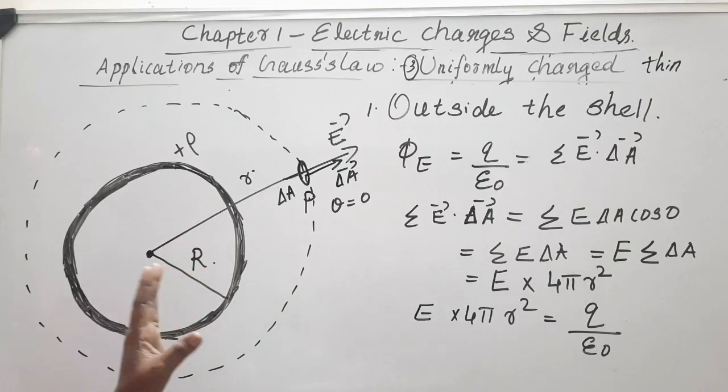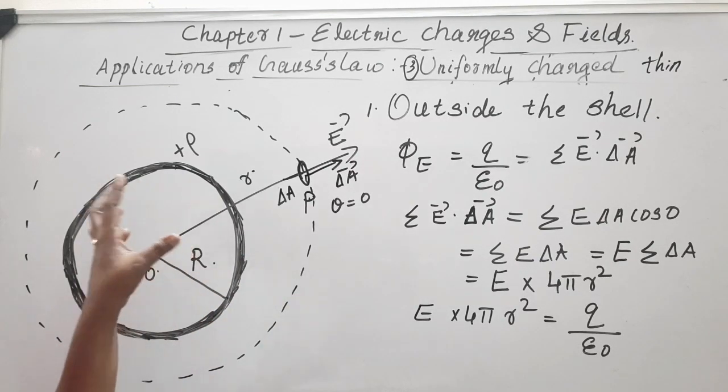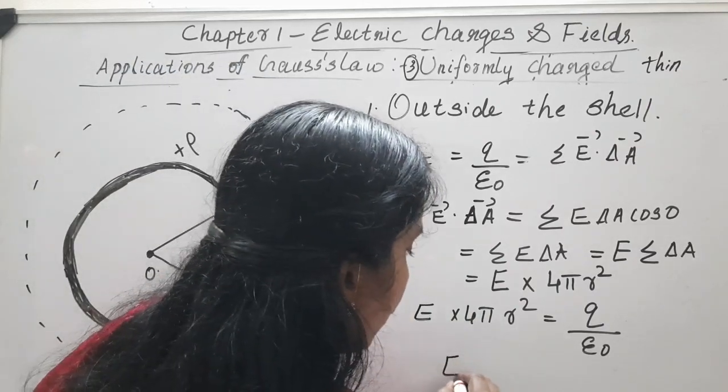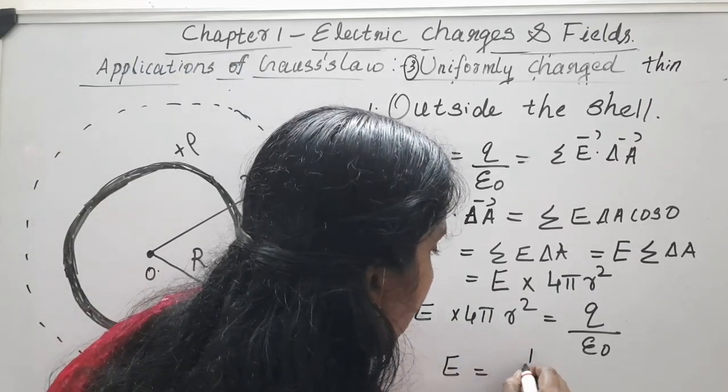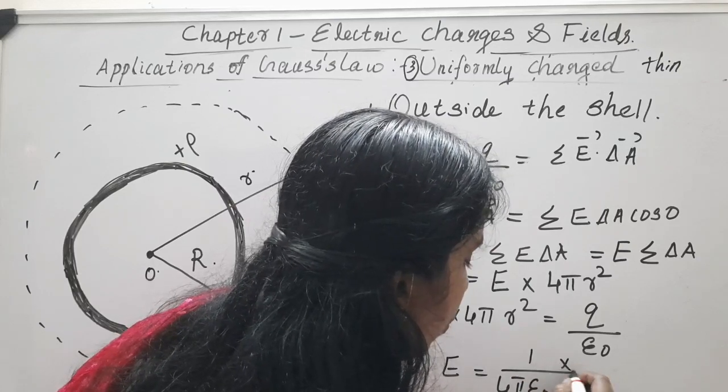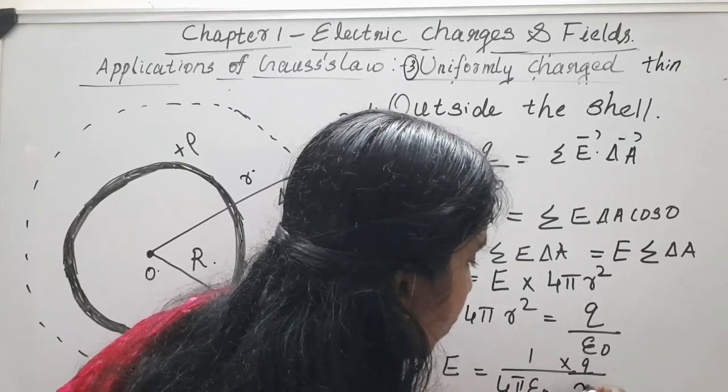So here what is charge Q? Q is the total charge of the spherical shell. So our expression for electric field becomes 1 by 4 pi epsilon 0 into Q by r square.